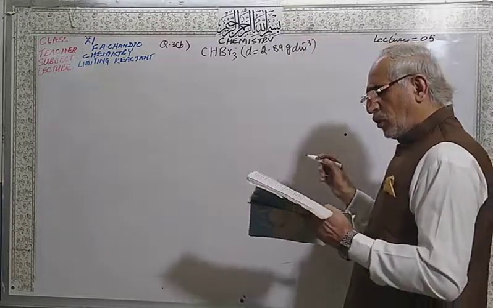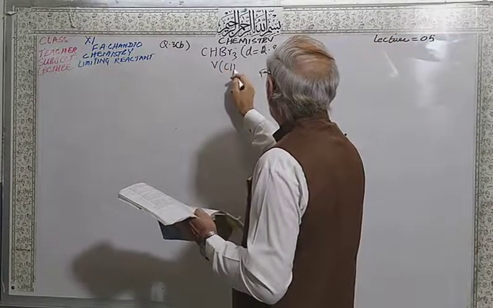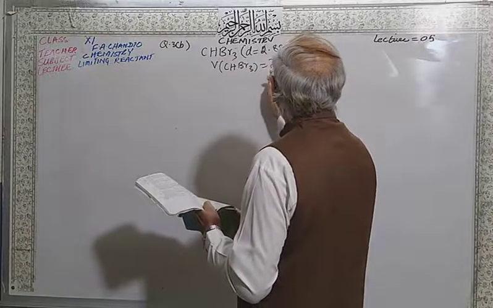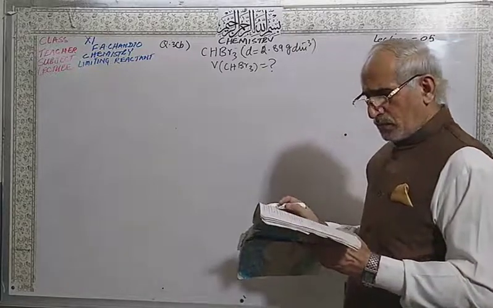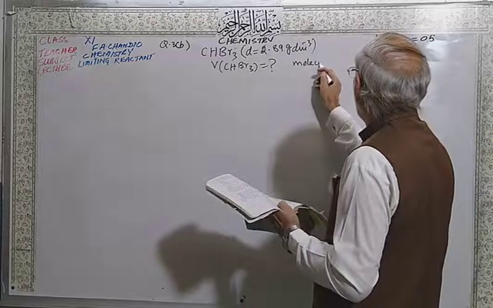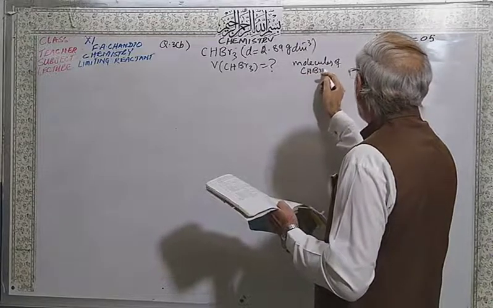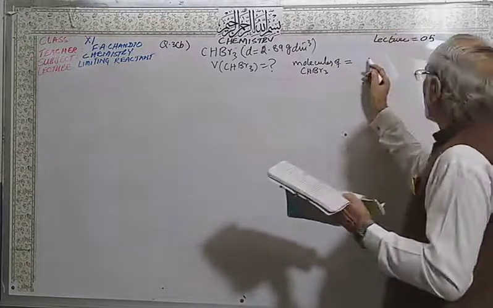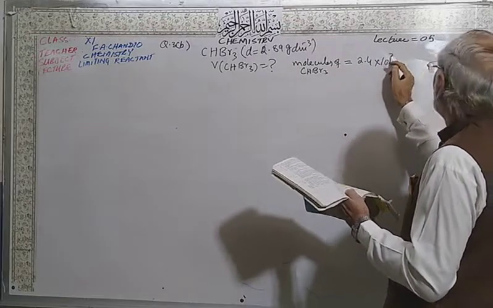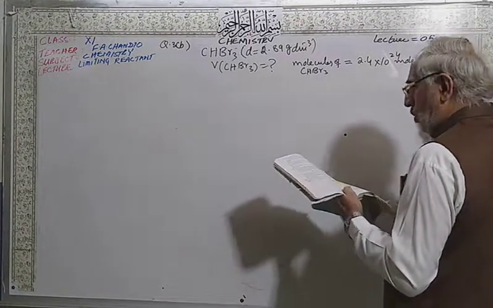What is the volume of tribromomethane that contains 2.4 into 10 raised to the power 24 molecules?